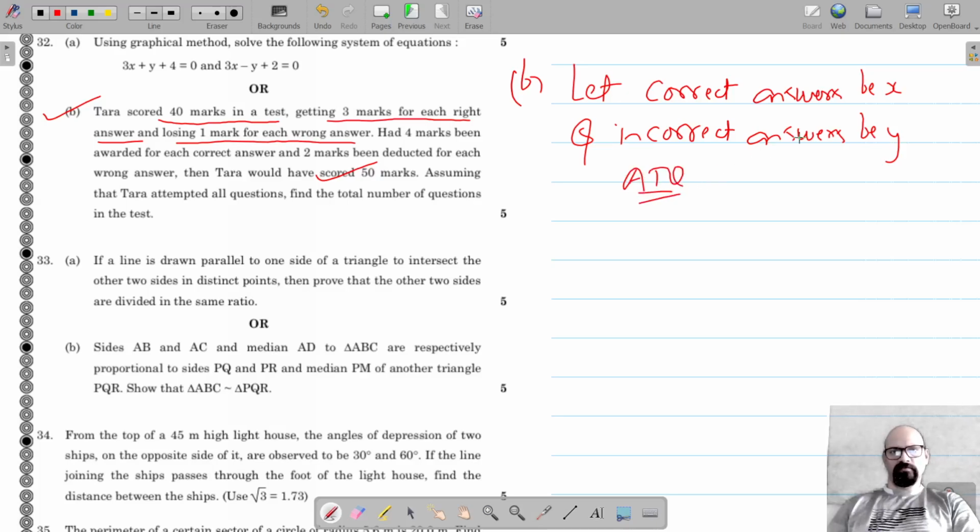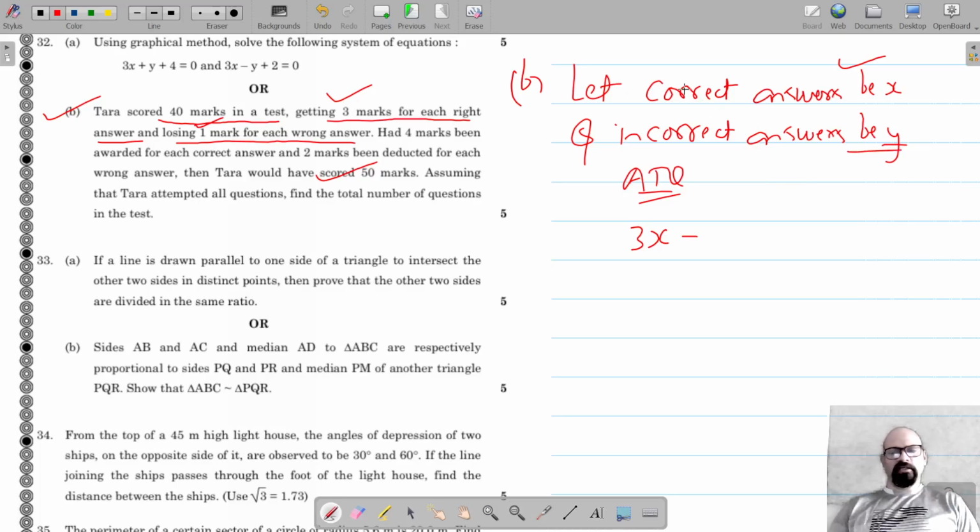According to the question, let's take the first scenario where there are 3 marks for each right answer. If the number of correct answers is x, then the marks awarded for the correct answers are 3x, and there is negative marking for the wrong answers. If the wrong answers are y, for 1 mark each, that means we have to deduct.